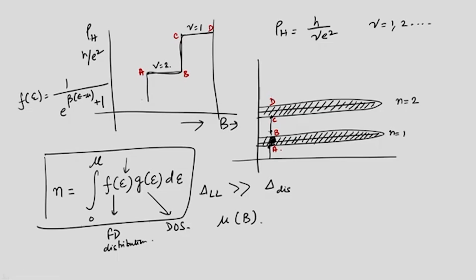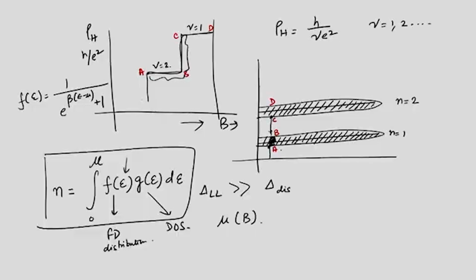As the magnetic field is increased, the chemical potential rises, and as the chemical potential rises, it enters this Landau band. And why I'm calling it a band is because there are a number of very closely spaced energy levels through which the electron finds it easier to conduct, which means the resistivity flattens, and that's what happens between A and B. So it gets a large number of conducting channels, and then it doesn't get anything from B to C, and hence the resistivity just rises and goes to a value C, and then again it finds a large number of energy levels and so on, and the resistivity shows a plateau because it gets a lot of conducting channels.